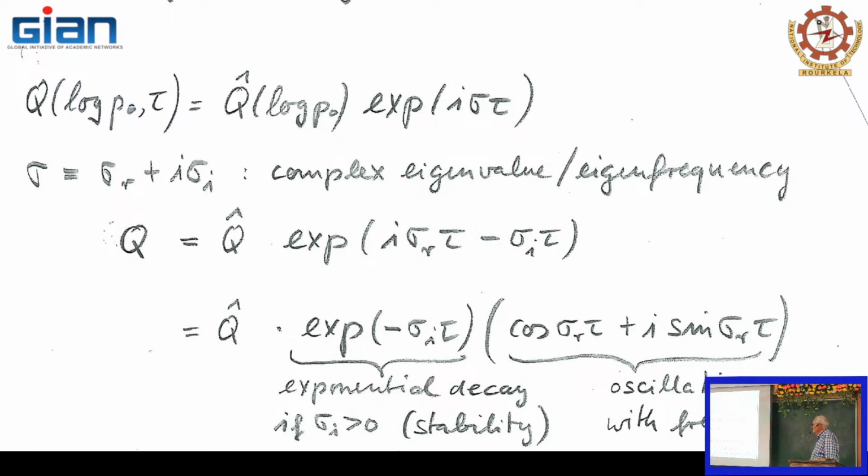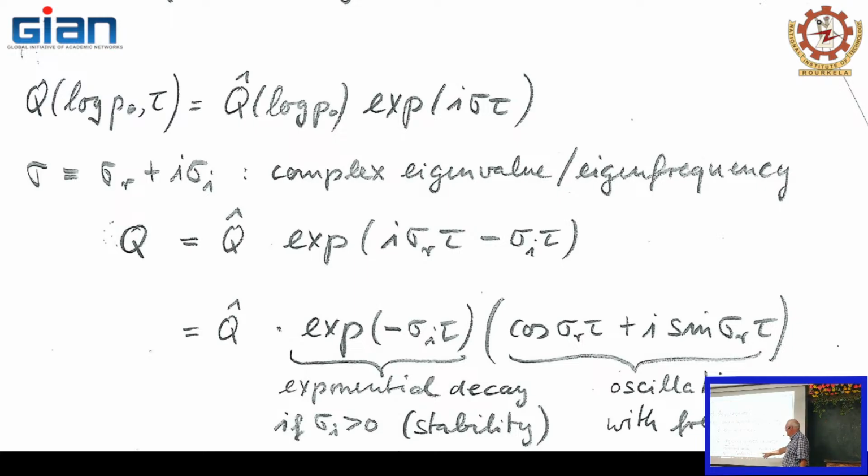Okay, so let's split into two parts. This is the part which denotes the spatial dependence, and we have an exponential of a real quantity. So we have exponential decay if sigma I is bigger than 0. This would correspond to stability. Then the system will come back to its initial state.